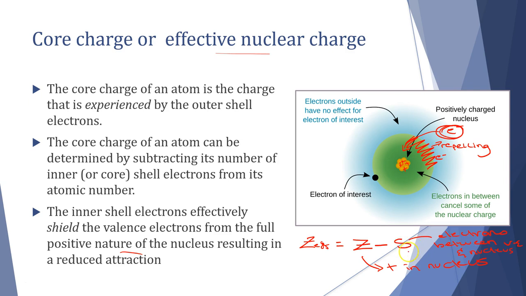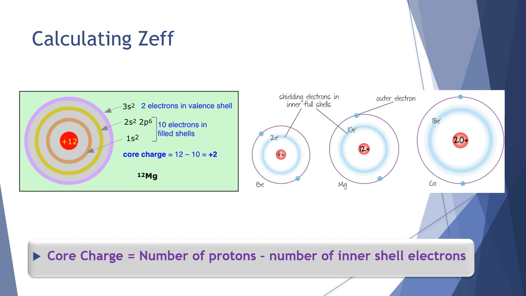So the more shielding electrons we have compared to our atomic number, the less attraction to the nucleus that our electron will experience. If we look at examples, which are beryllium, magnesium, and calcium, for beryllium we have an atomic number of 4, so we have 1s2, 2s2.